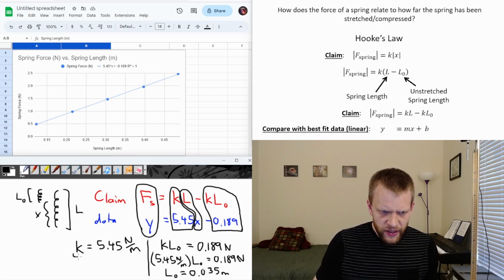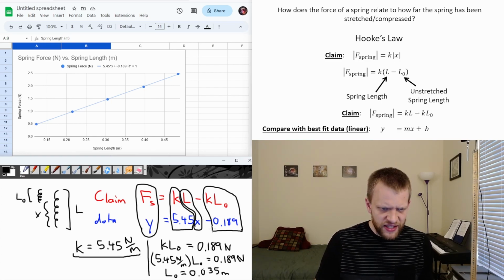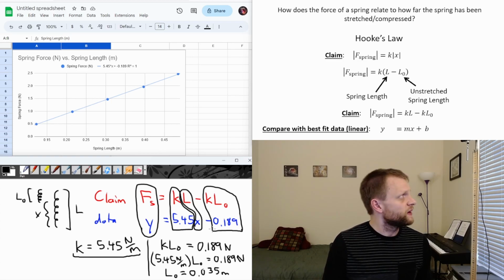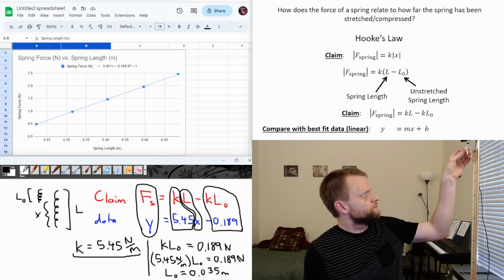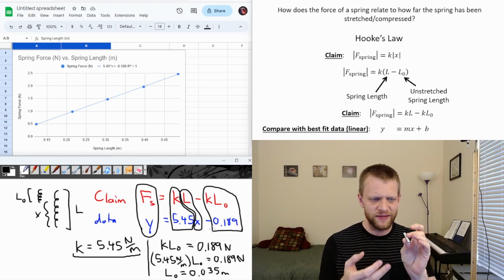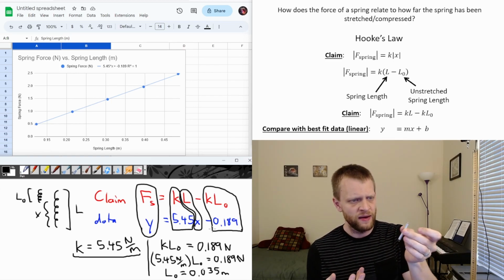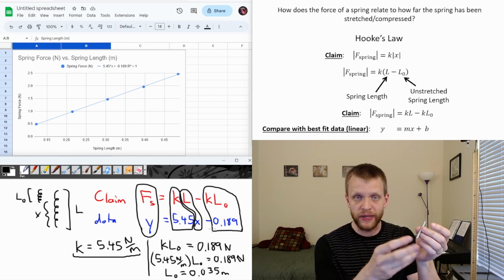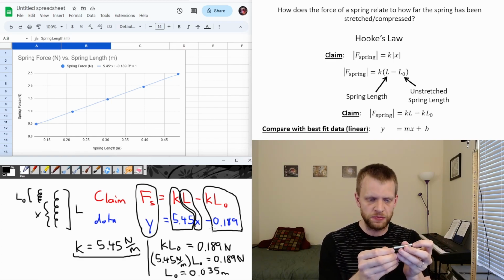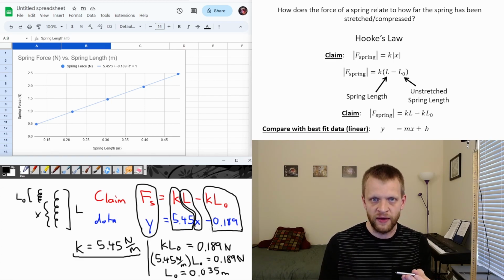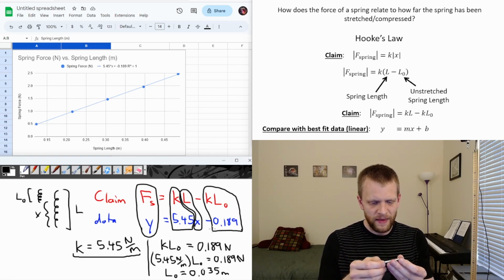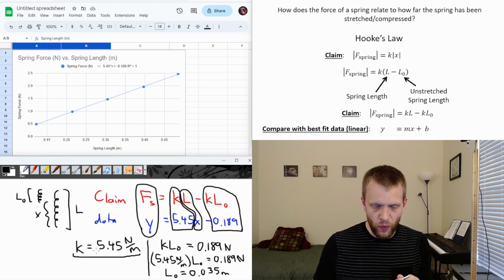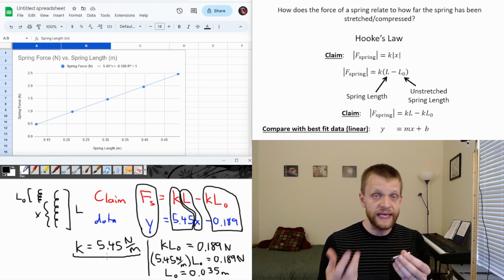But this spring constant, we got that the spring constant is 5.45 newtons per meter. Well, I don't really, off the top of my head, have any idea whether that is a good approximation of what the spring constant is for this particular spring. We don't have anything to compare it with. So, in order to really make any conclusions about whether this is accurate or not, we need some more data.